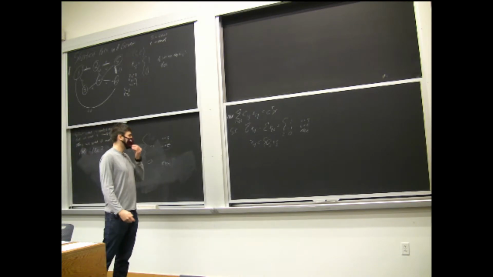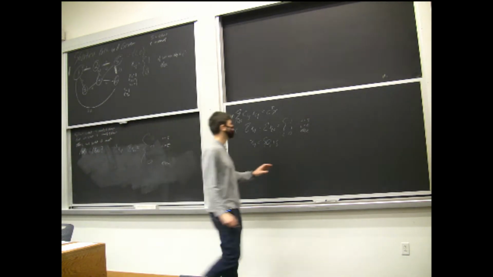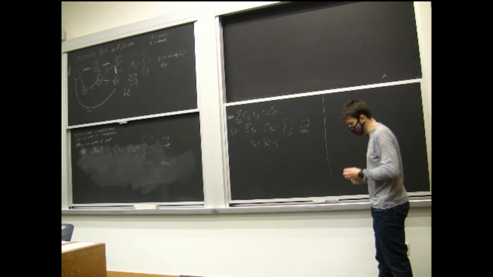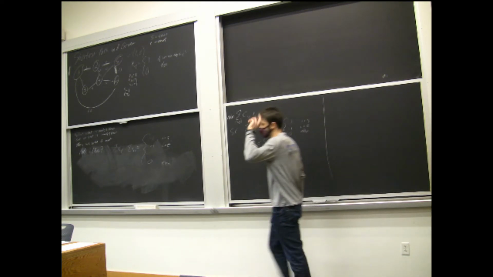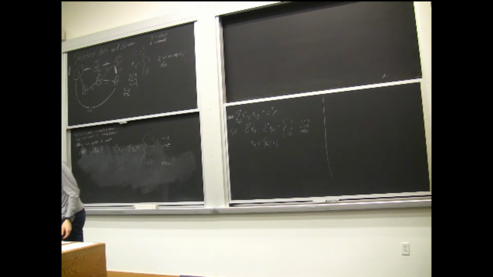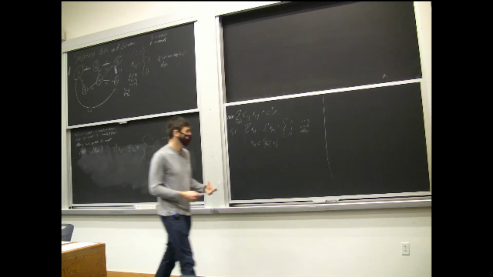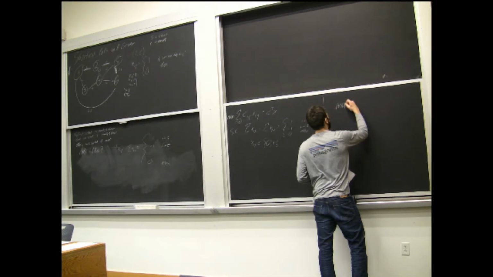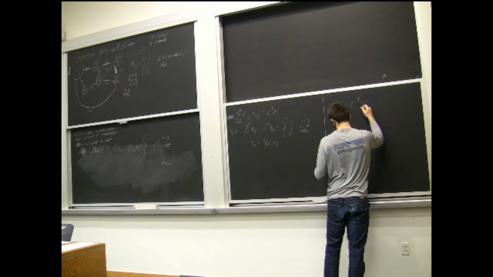So if you've already seen a linear program, linear programs come in two standard forms, depending on who you ask. Linear programs are almost always written in the standard form.